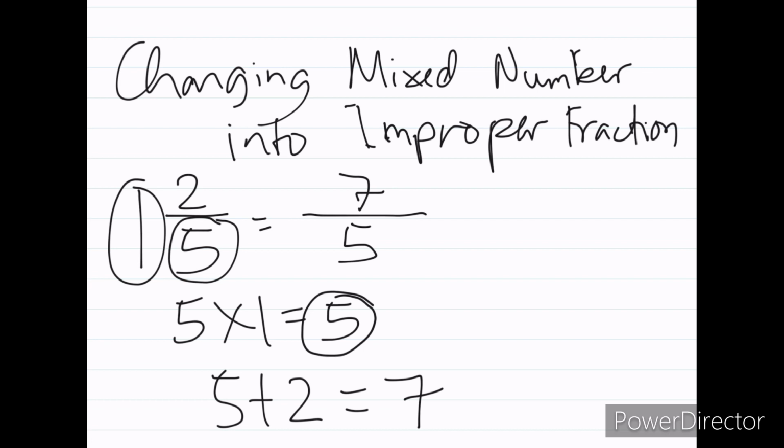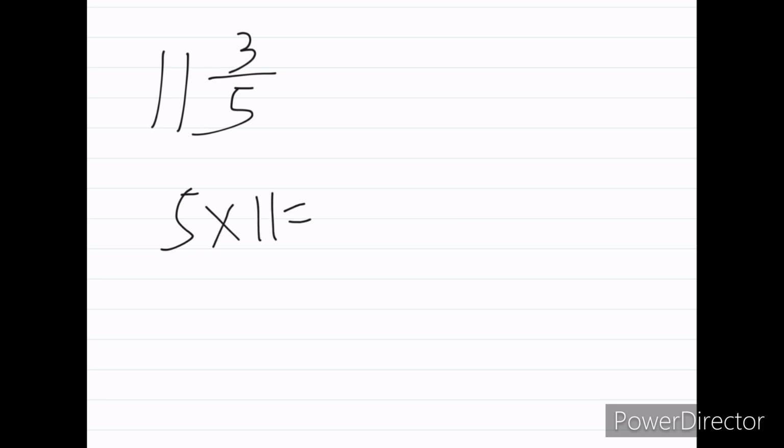Next, another example. How about 11 and 3/5? So how are we going to change that into an improper fraction? Okay, first, again, the same way, multiply the denominator by the whole number. So 5 times 11 is equal to 55.